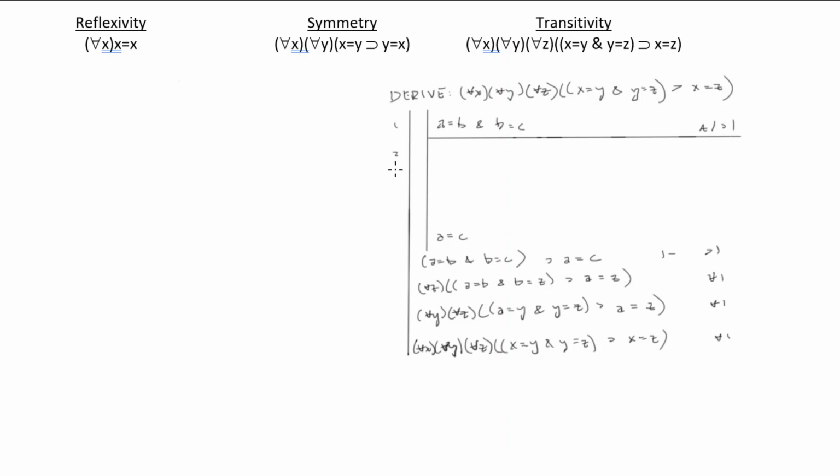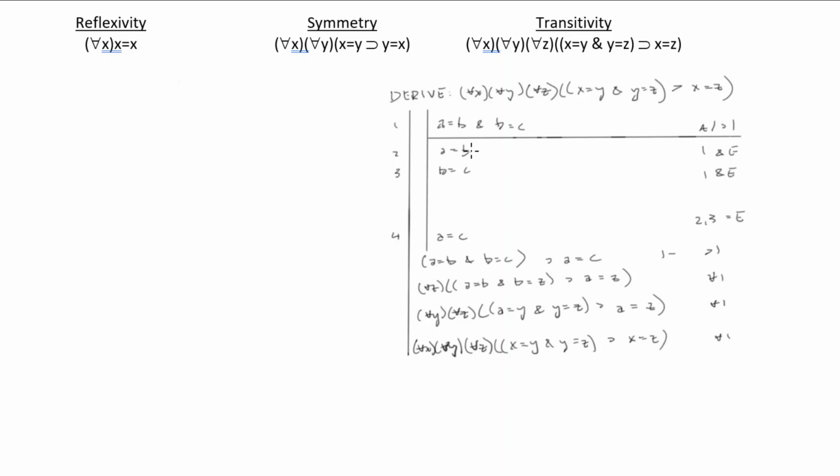The obvious move here is to break apart the conjunction on line 1, a equals b and b equals c. Both come from line 1 by conjunction elimination, 1 ampersand E. Well, if a equals b and b equals c, then line 4, a equals c, taking 2 and 3 as input for conditional elimination.